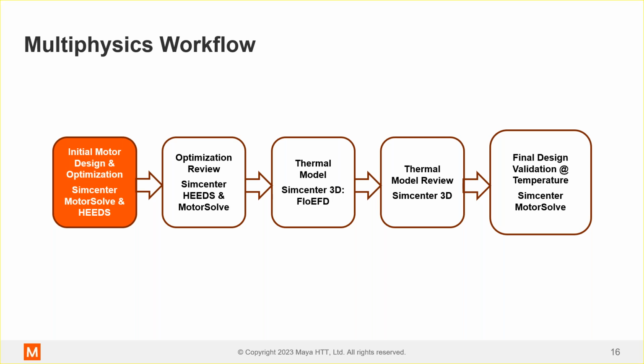At this point, my colleague David will take over and explain how the CFD process worked, how everything was set up. After thermal analysis, we can bring all that information about temperatures back into our EMAG tool, in this case Simcenter MotorSolve, where we'll do a final design validation, make sure that what we think should happen is happening.